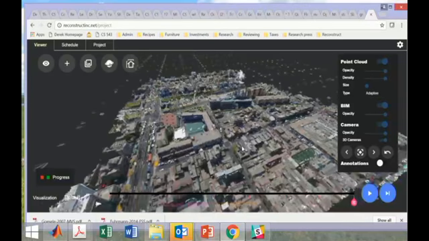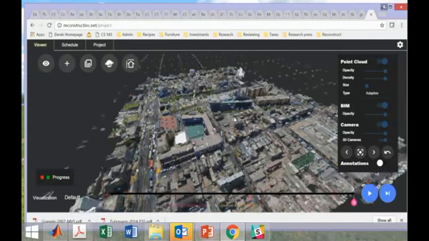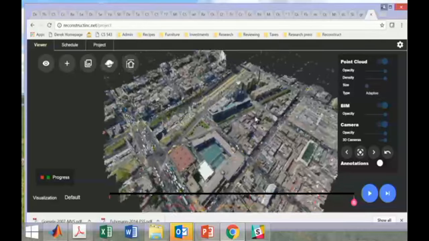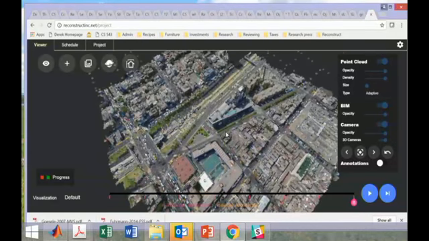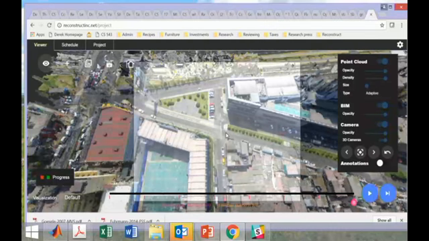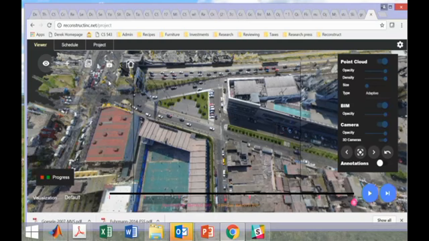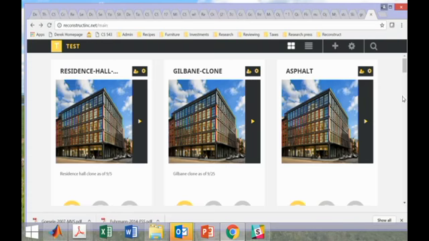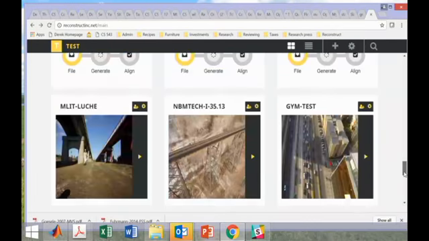There they are, the cameras. And this is a reconstructed block. All these cameras have known pose, so the images are aligned with the point cloud. I'll show you another example where it's a difficult case.